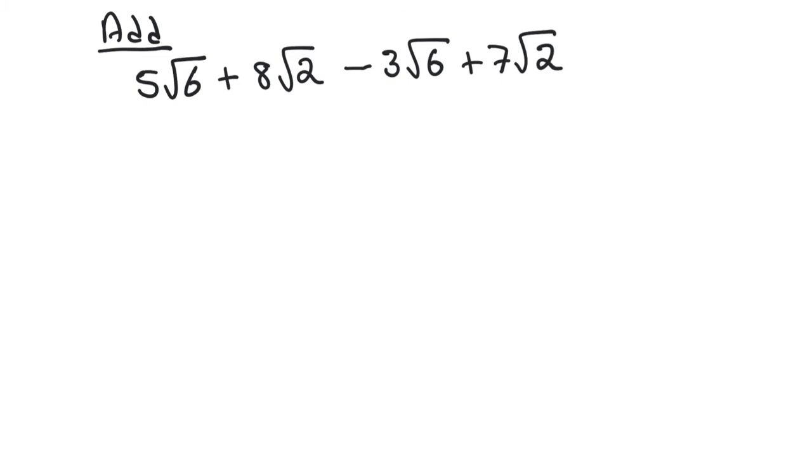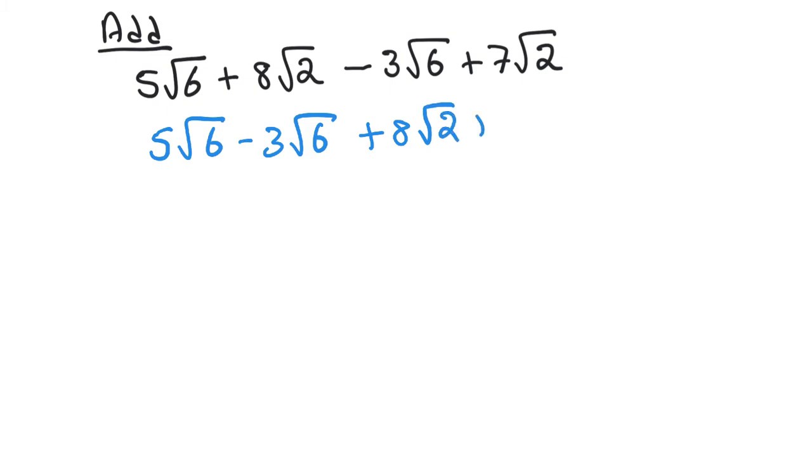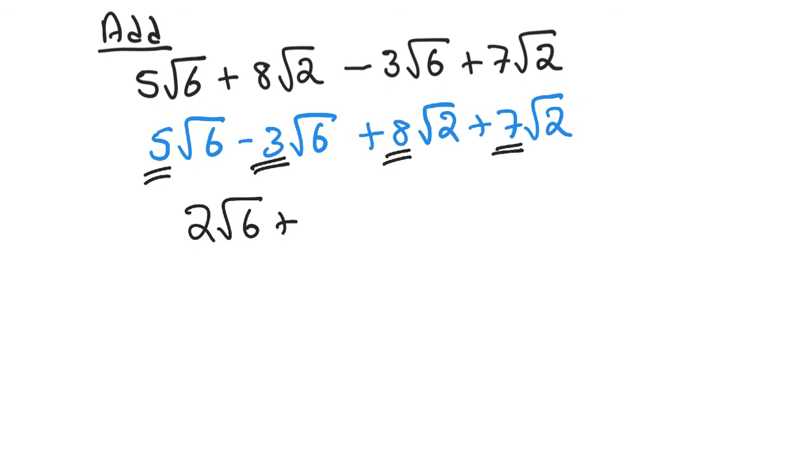It's going to look like 5 root 6 minus 3 root 6, then plus 8 root 2 plus 7 root 2. Now we simply subtract 5 minus 3, which is going to be 2. So it's 2 root 6. And then 8 plus 7 is how much? So it's going to be 15 root 2.